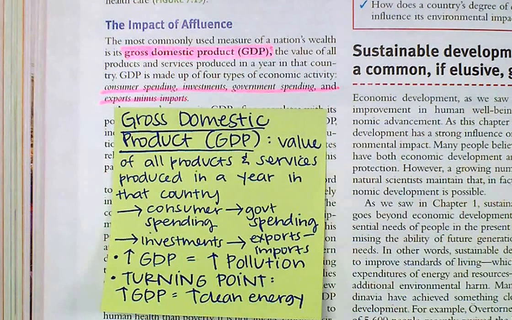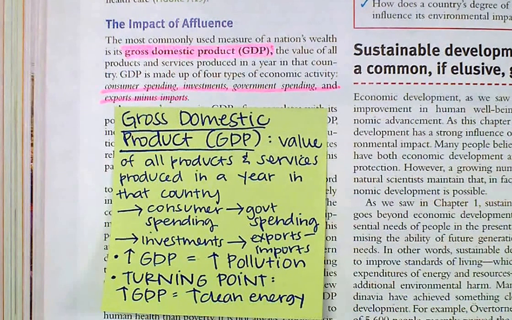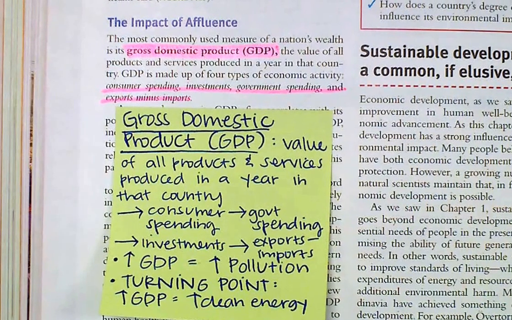It's like a bell curve: as an agriculture or hunting and gathering community, you have almost no pollution. Then you go way, way up when you're just industrializing. And then you come back down, and you work towards saving money and saving the air, or your environment.